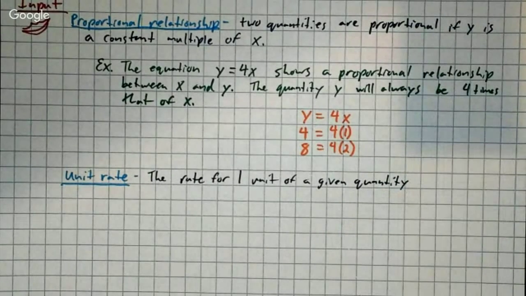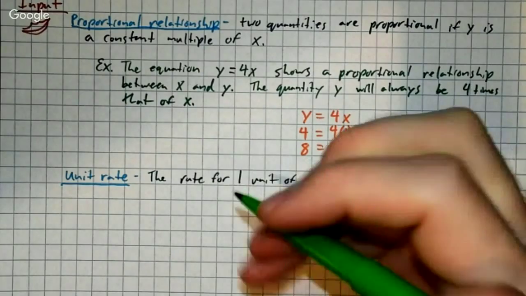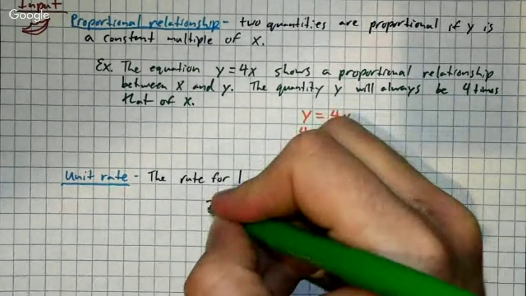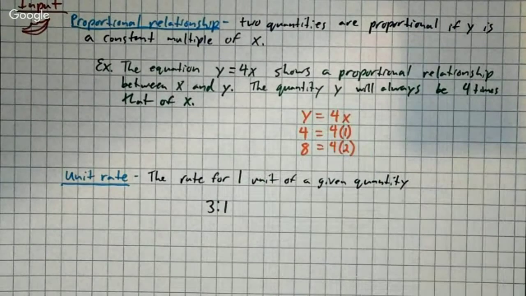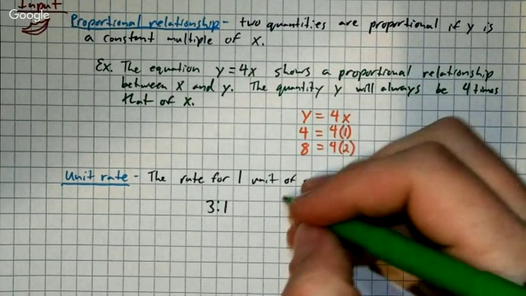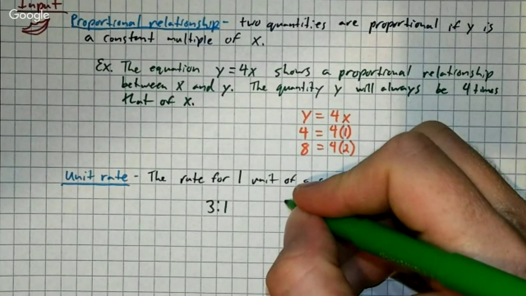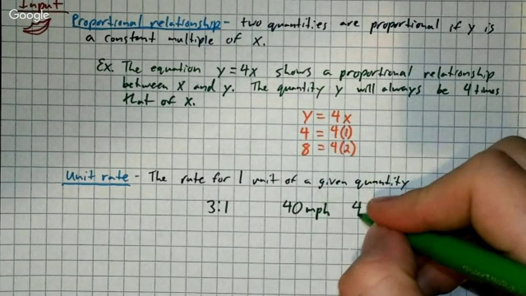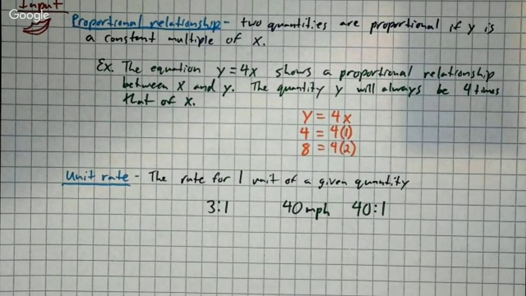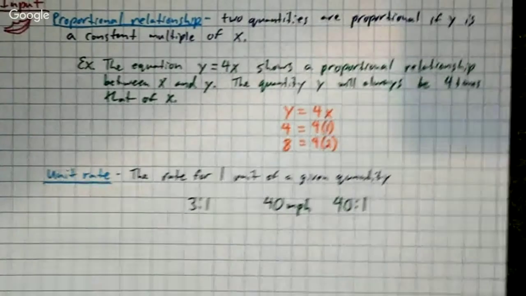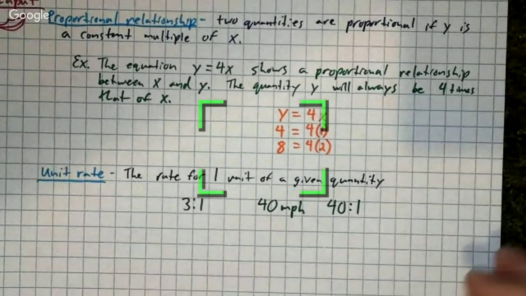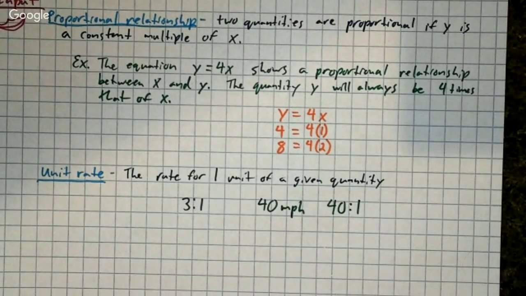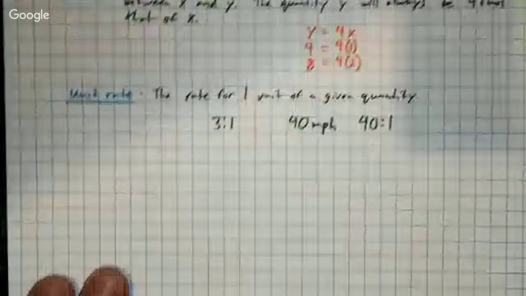For example, we could say 40 miles per hour, because that means 40 miles per 1 hour. So that's our unit rate. I know we've gone over that already, so we're not going to spend too much time on it. We're going to move right along and get into our input.